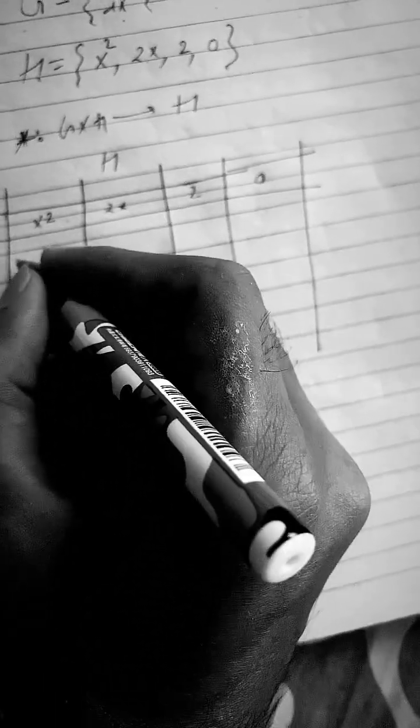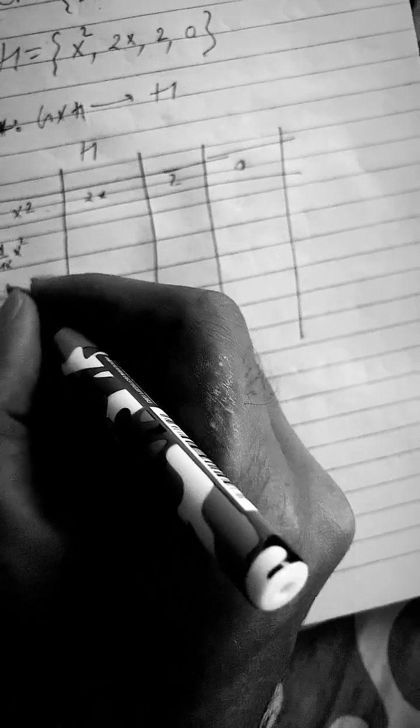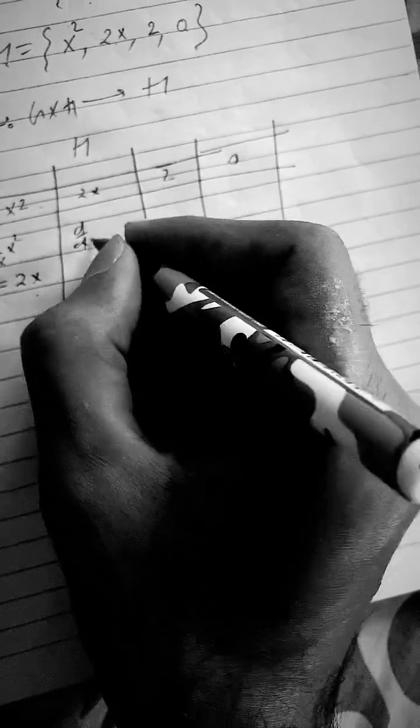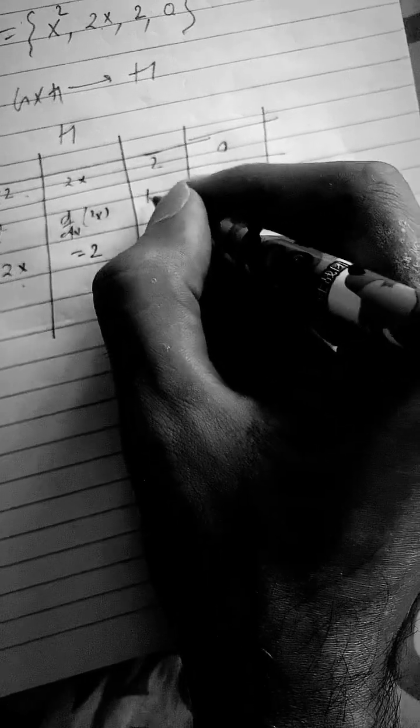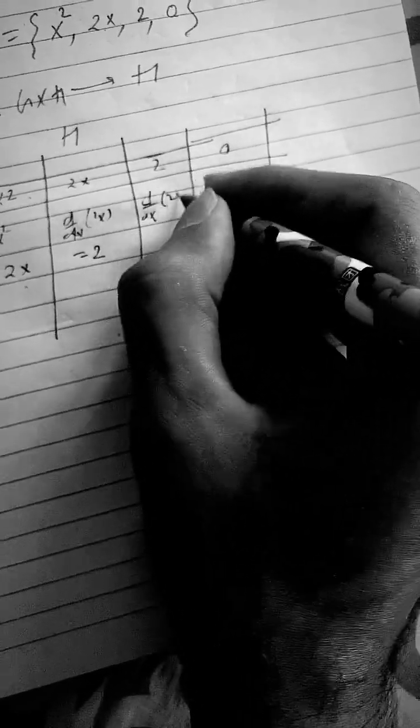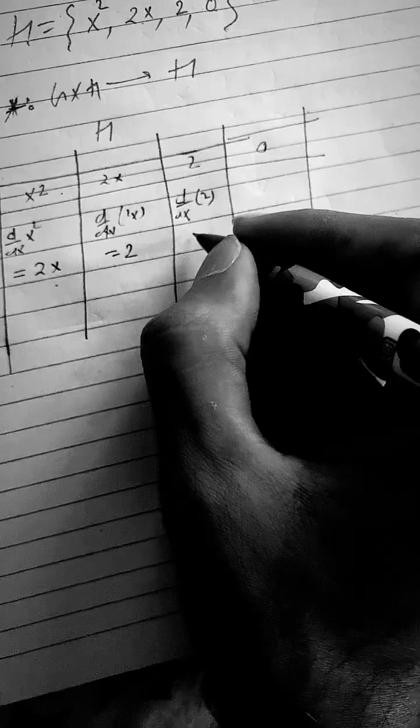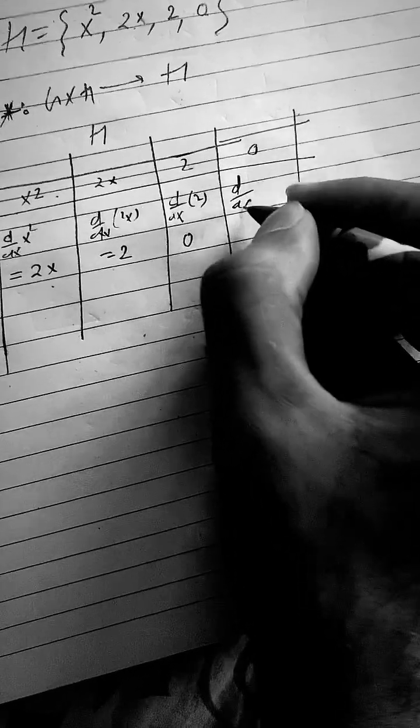Now let's act on this. d by dx of x square, the answer will be 2x. Here d by dx acting on 2x, the answer will be 2. Here d by dx acting on 2, the answer will be 0. Here d by dx acting on 0, the answer will be 0.